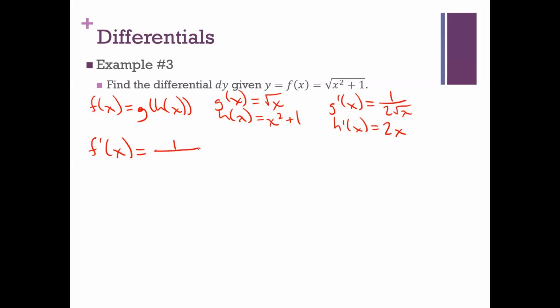So this is the derivative of g, the outside function, but it still contains the inside function h multiplied by 2x, which just simplifies down to x over root x squared plus 1. So this whole thing is equal to dy dx, right?